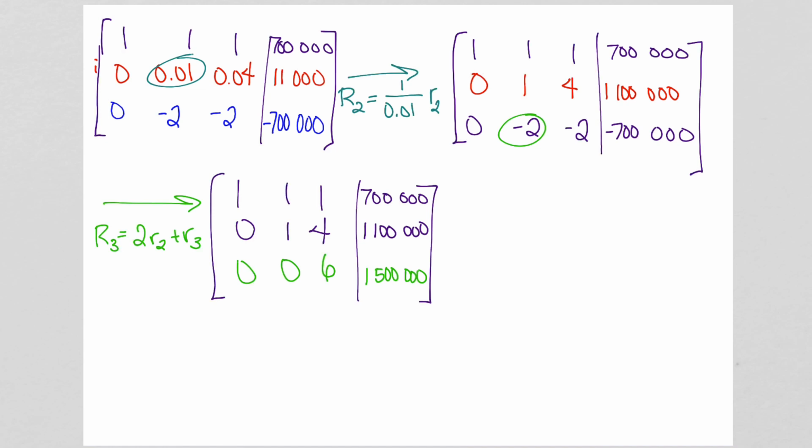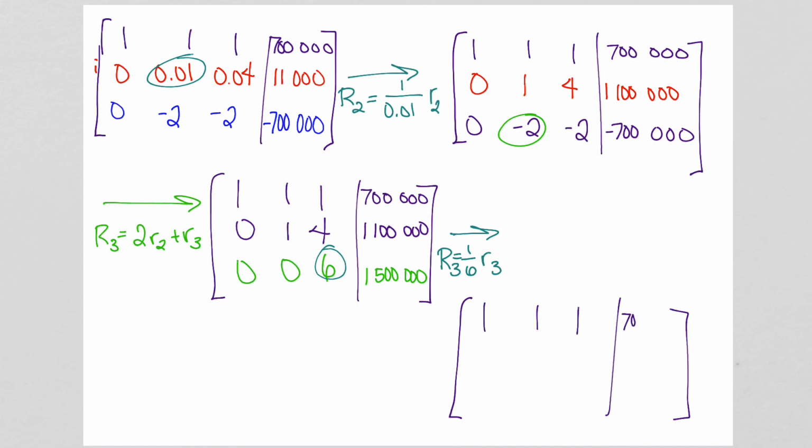Next step, get that to be a 1. So just divide by 6. Or row 3 will be 1/6 of row 3. So top row stays. Middle row stays.